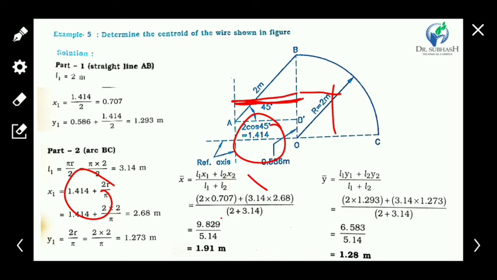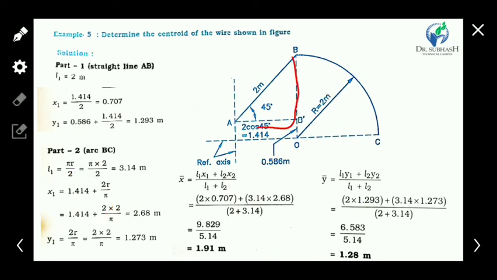This is found at here, and you can directly find it with the help of this triangle. This is 2 meter, this is 2 meter, and the angle is given. So the length of this AB dash line is found out, it is 1.441.